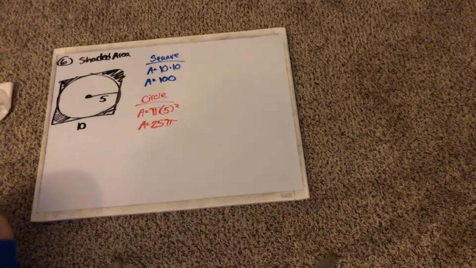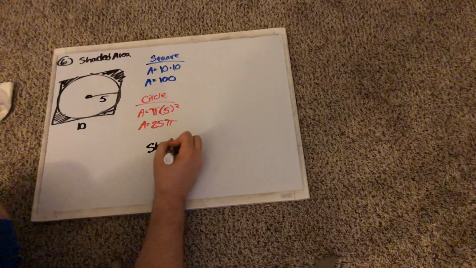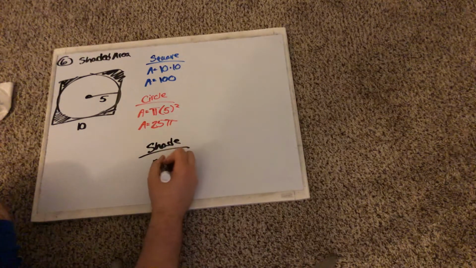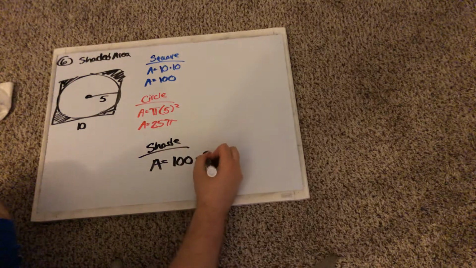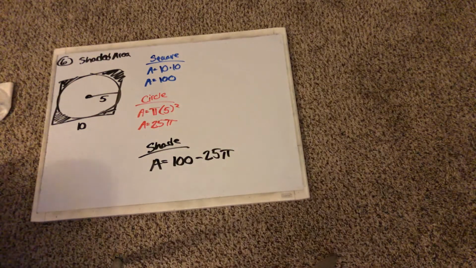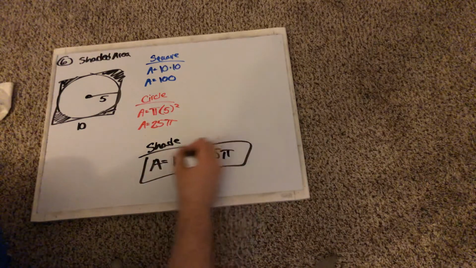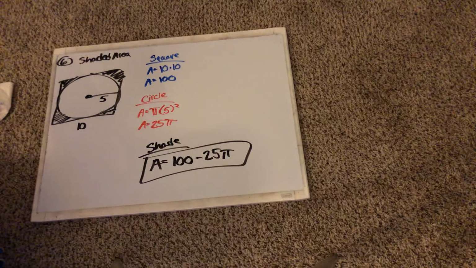So to find the shaded area, area is the whole square, 100, minus the circle, 25 pi. This does not come out to be 75 pi. We cannot combine these. That's it. We good. So that was it for 10.5.